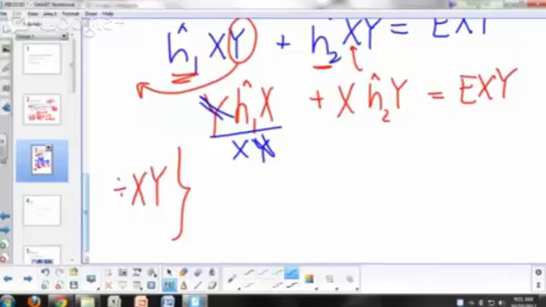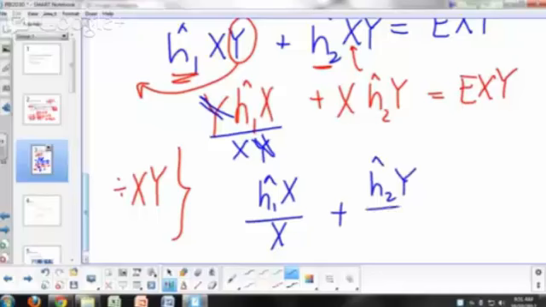So what you have here is H1 hat X over X plus, what's this second term going to be? H2 hat Y divided by Y. Your X is going to cancel out. And the right-hand side, the XY will cancel, XY over XY.